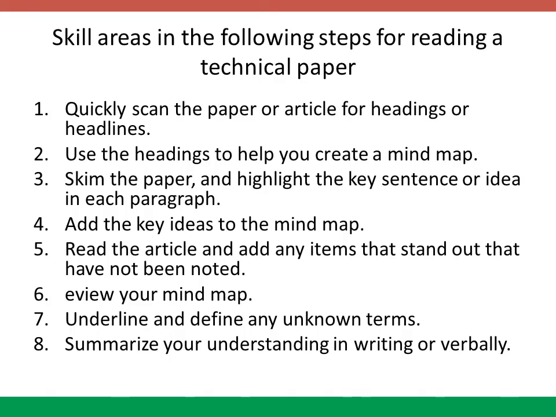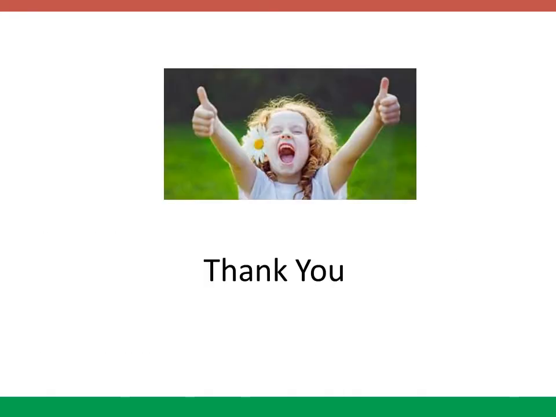Then skim the paper, highlight the key sentences or ideas in each paragraph, add the key ideas to the mind map, read the article and add any items that stand out that have not been noted. Then review your mind map, then underline and define any unknown terms, and finally summarize your understanding in writing or verbally to someone.